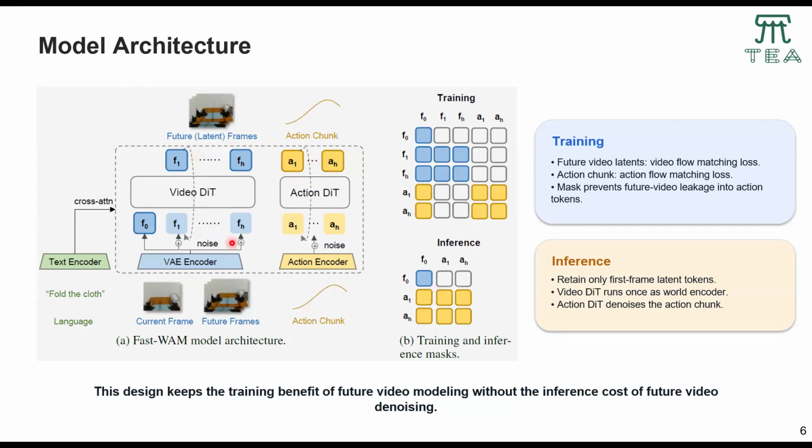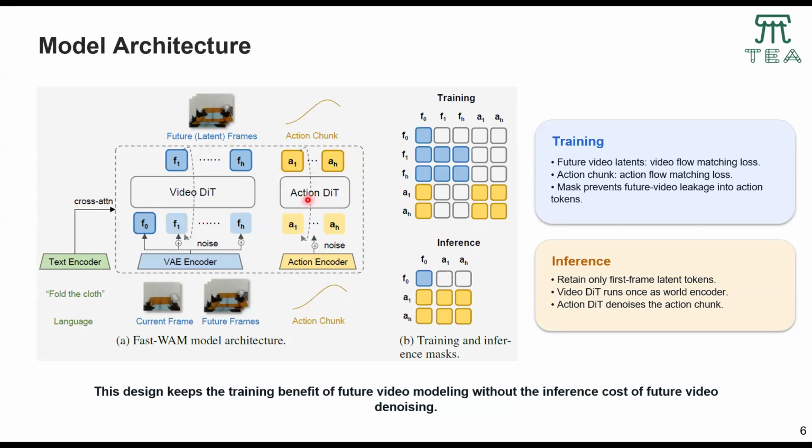It's a kind of MoT architecture, which means the video branch and the action branch can communicate with each other with shared attention. And for the language encoding, it utilizes cross attention to attend to these two branches.